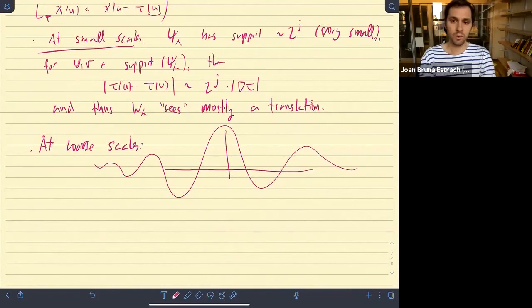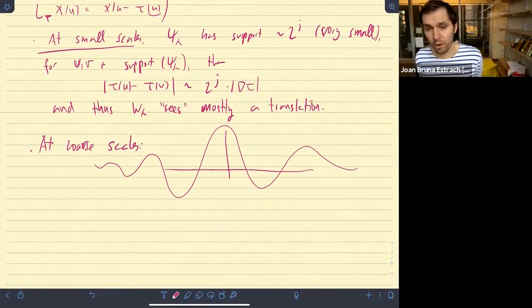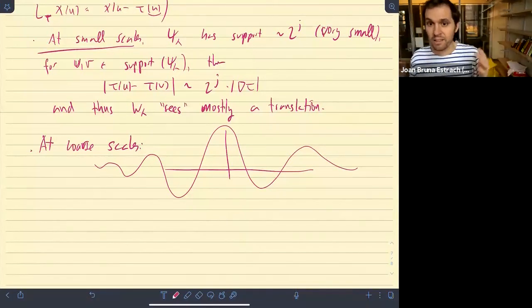Do you expect the errors to become very large or not? No, because by definition the low frequencies of an image are stable to deformations. That's what we saw last week, that all the problems of instability to deformations happen at high frequencies.